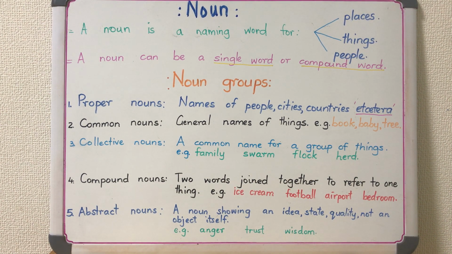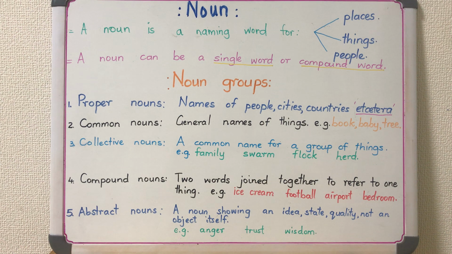John becomes a special or proper noun. London becomes a special or proper noun for a city. And then we go on, Japan, a special or proper noun for a country. And usually proper nouns are written, or we start proper nouns, with capital letters. There is no way we write proper nouns and we use small letters at the beginning. No, that one is a no.